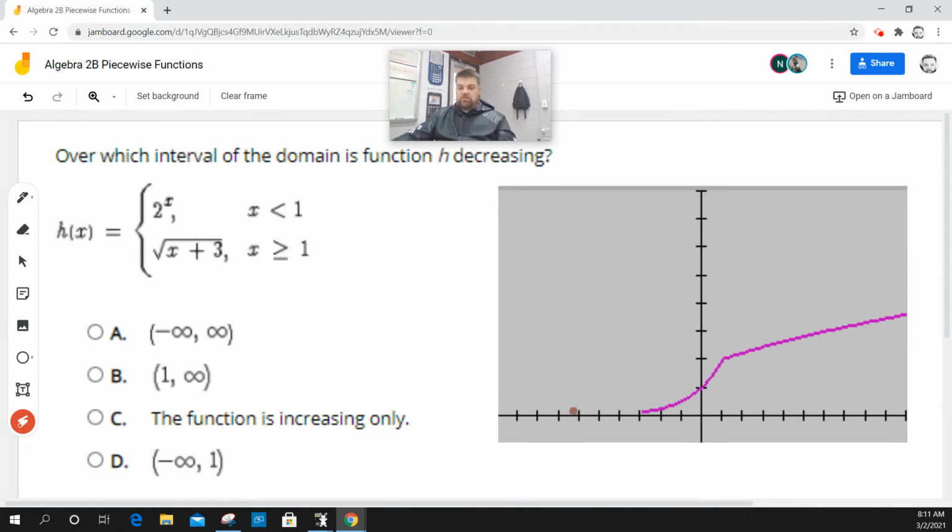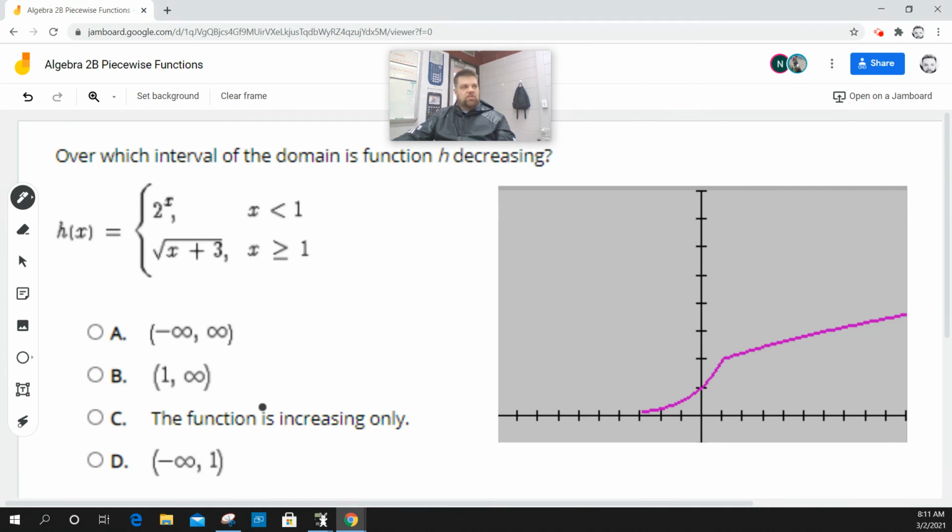So as I go left to right, wherever the function is, that's where it's increasing or decreasing. So if I'm going up as I follow the graph left to right, if the y value is always increasing, then it is increasing. So this function only increases.